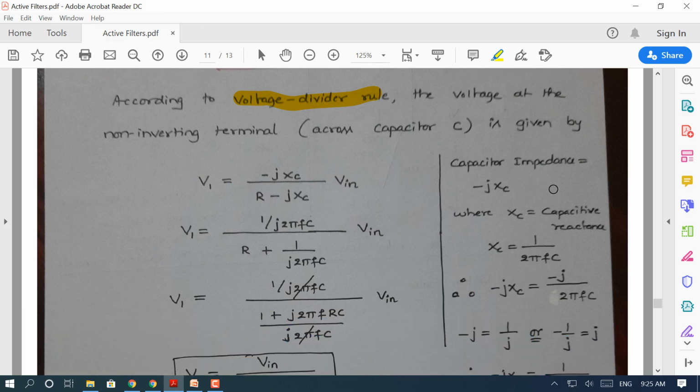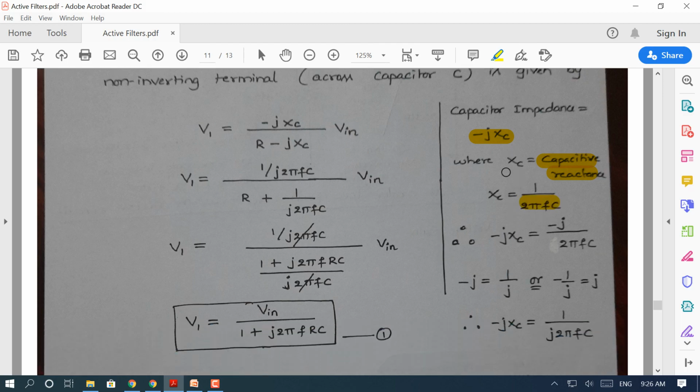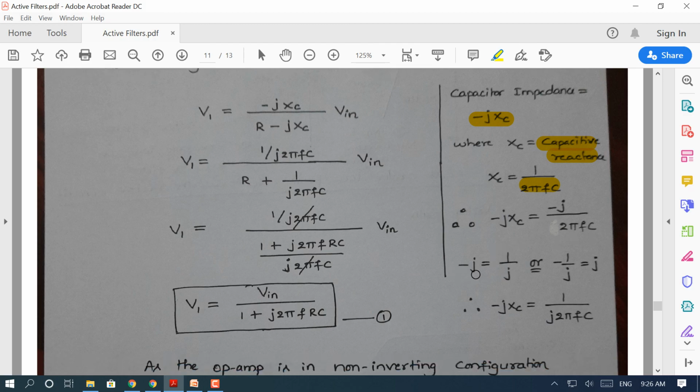Capacitor impedance is minus jXc, which we already know from the fundamentals, where Xc is called capacitive reactance. Xc is given by 1 by 2 pi fC. These are all fundamental things we are covering here. Therefore, minus jXc can be written as minus j divided by 2 pi fC. Minus j can be written as 1 by j, since minus 1 over j is equal to j.